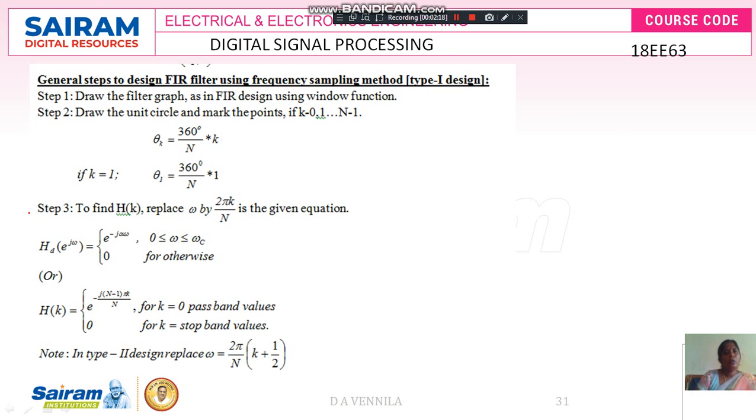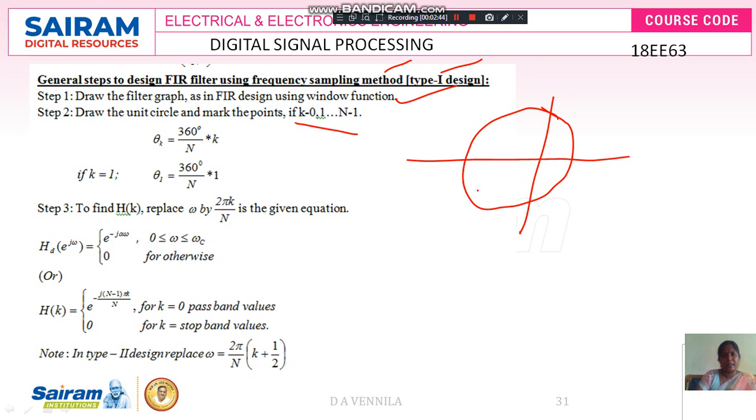Now, how to design an FIR filter using the frequency sampling method. Here we are going to use only type 1 design. First, draw the filter graph of whatever is given in the question, as in the FIR design using window function. Next, draw the unit circle and mark the points, because the z transform is always represented inside the unit circle.